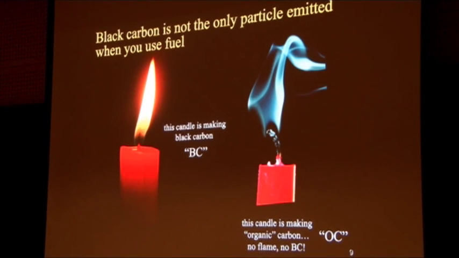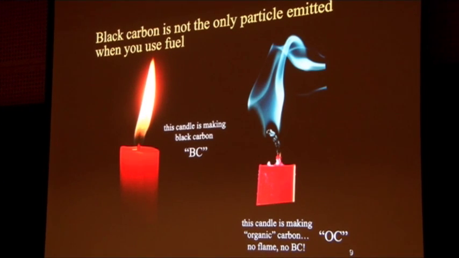Now, black carbon is not the only particle emitted from fuel use. This candle is making black carbon. Sometimes I will say BC for black carbon, so same thing. If you blow out the flame, if the flame is gone, then the candle will make white smoke instead of black smoke.